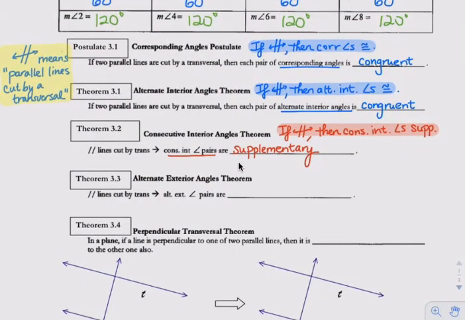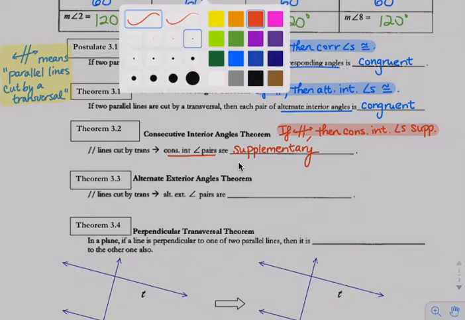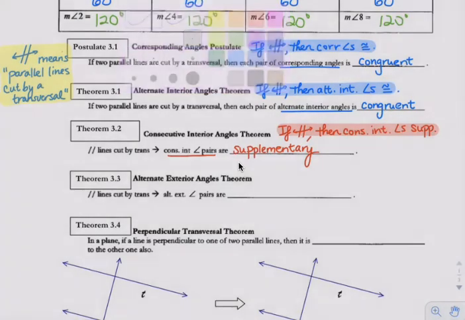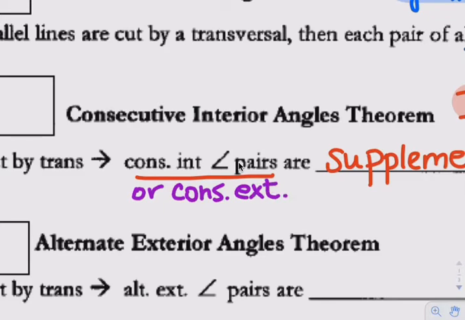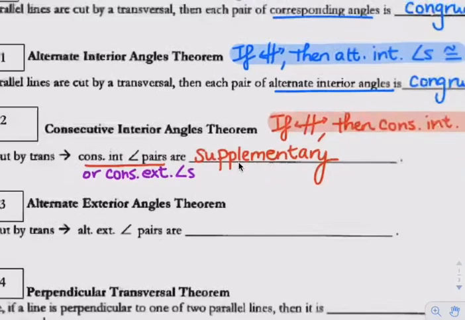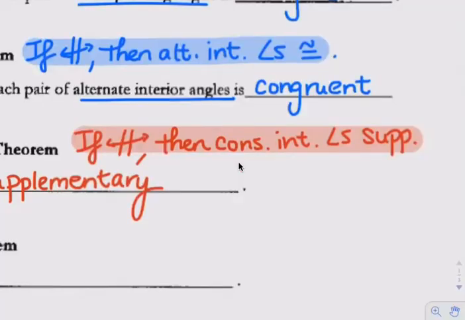Now, your book kind of ignores consecutive exteriors, but this would also be true for consecutive exteriors. So it could be consecutive interior or consecutive exterior. So either of the consecutive exterior or interior angles are supplementary. So it would be the same thing, except consecutive exterior.